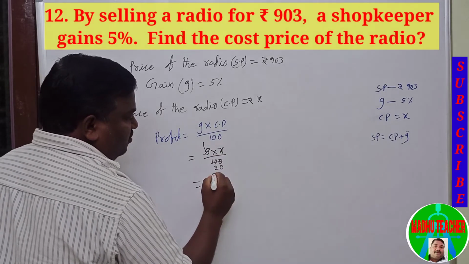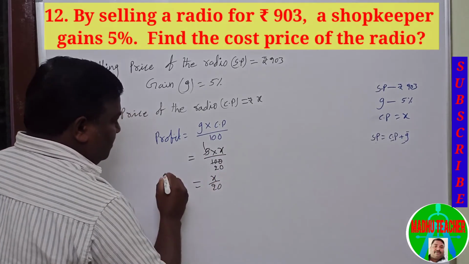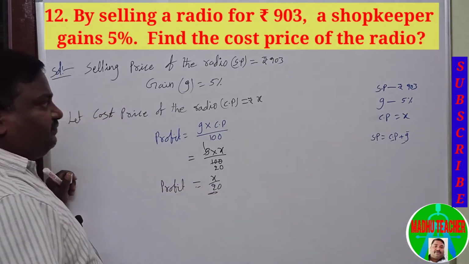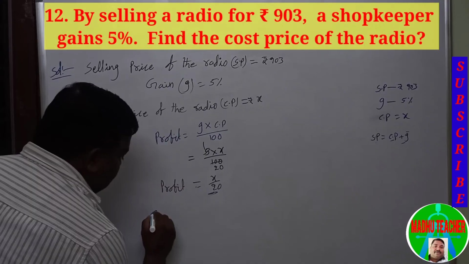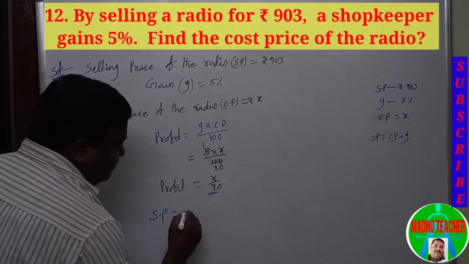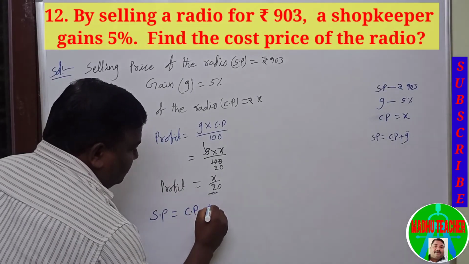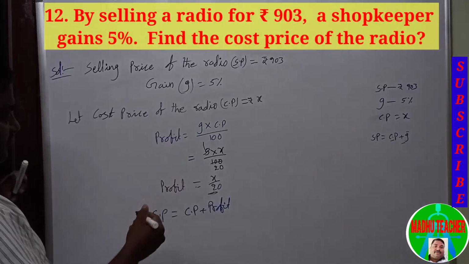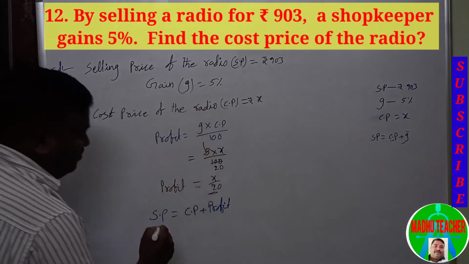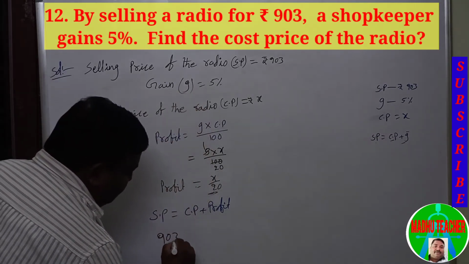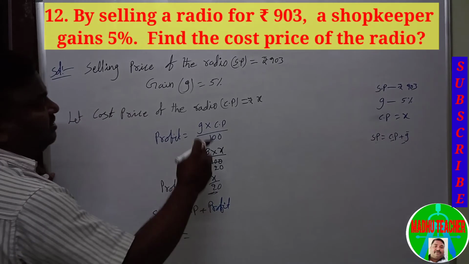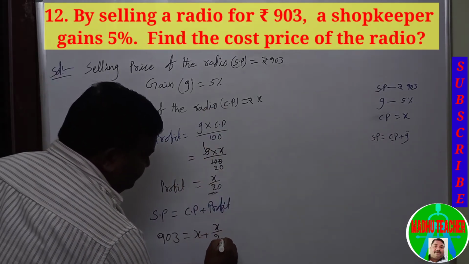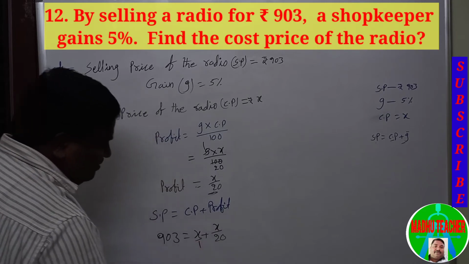That equals x by 20. What is it? Profit. Okay. How can you get the selling price? Selling price equals cost price plus gain or profit. Both are the same. What is the selling price? We know the selling price, that is 903 equals cost price x plus profit x by 20, that is by 1.